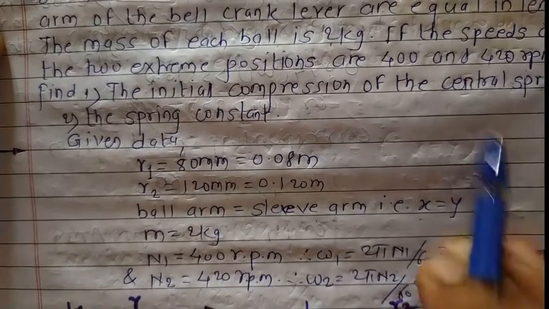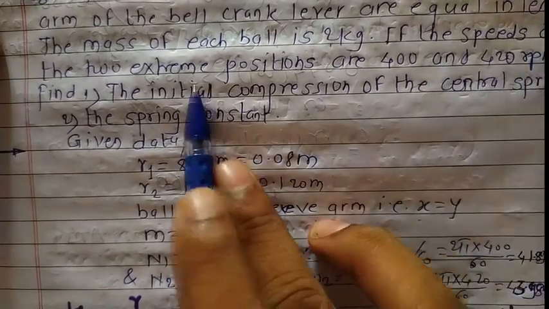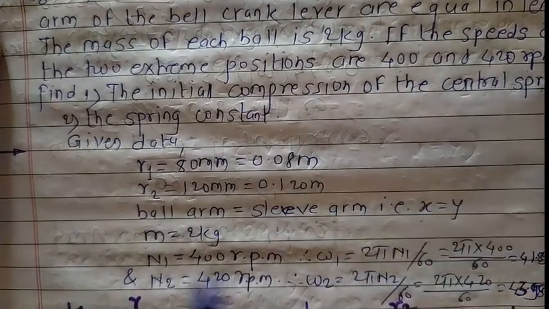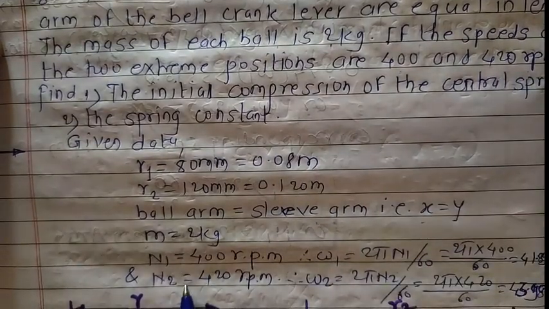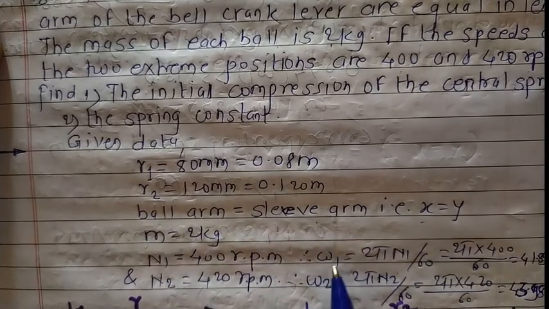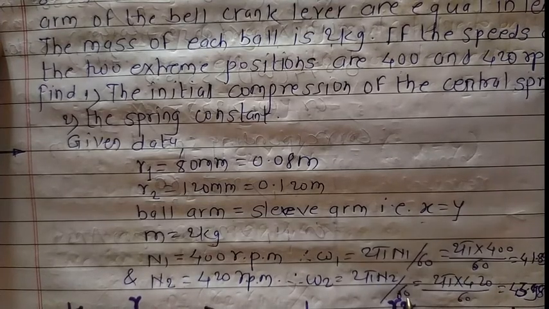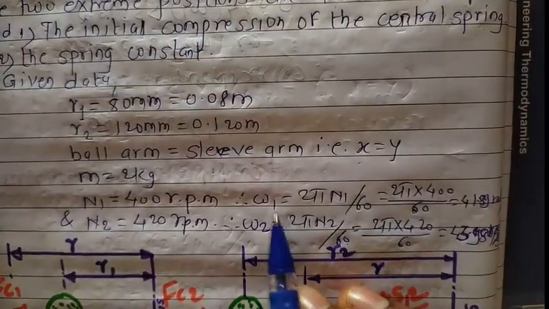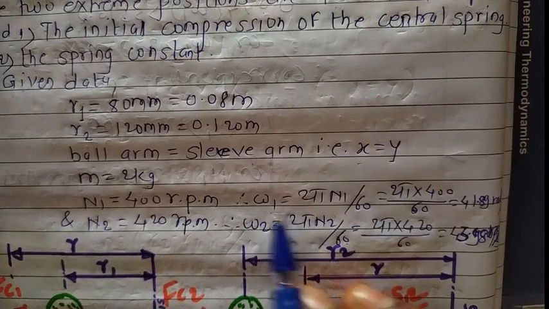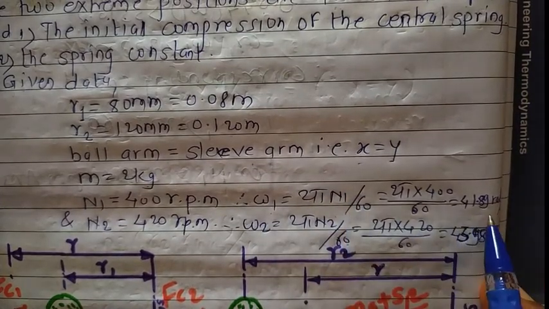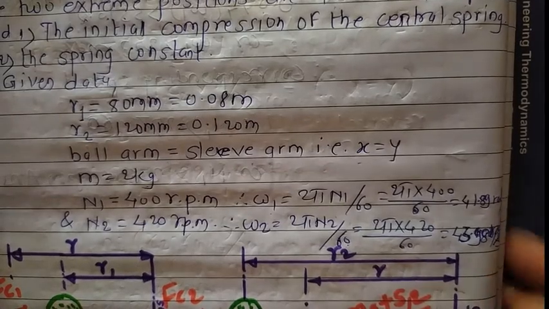Then next, the speeds at the two extreme positions are 400 and 420 rpm, so we have the values of N1 and N2. Get the corresponding values of omega 1 and omega 2 by using the relation 2 pi N1 divided by 60 and 2 pi N2 divided by 60. Substituting the value of N1, we get omega 1 equals 41.89 radian per second.